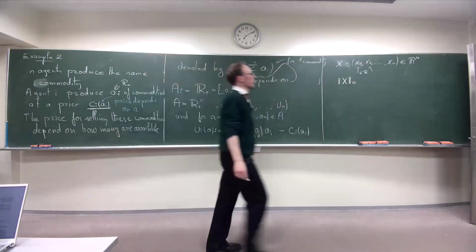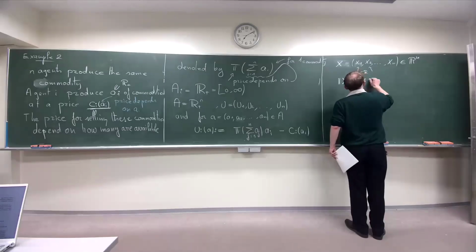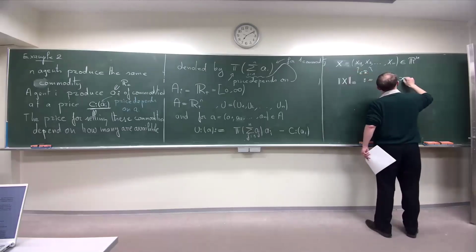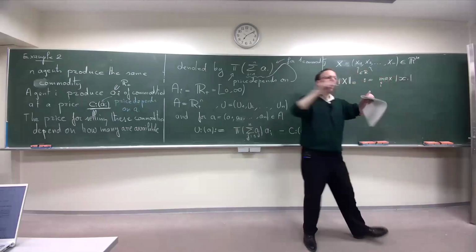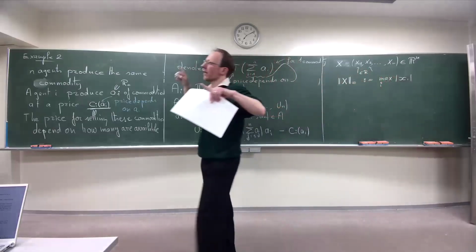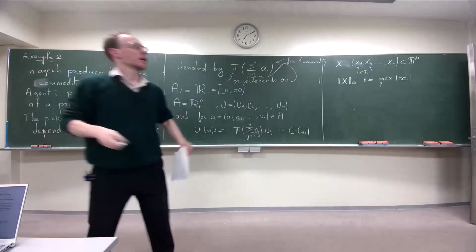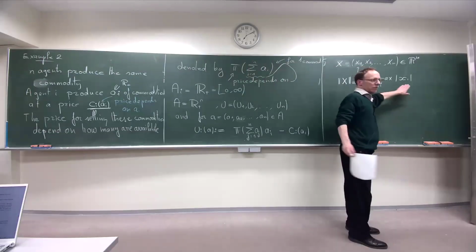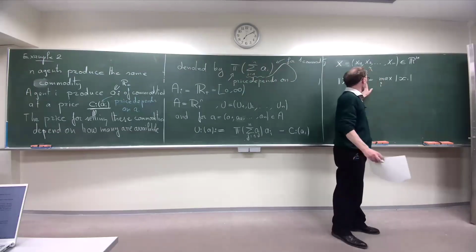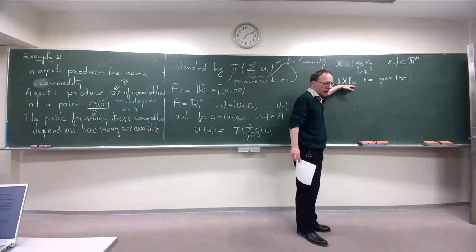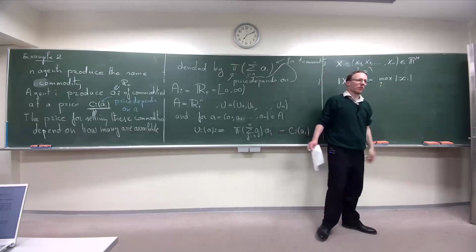So I need to give you a definition. I take the maximum over i of |x_i|. So what does it mean? You have n numbers. They can be positive or negative. So you take the absolute value and you take the maximal one. Okay, this is just a definition. I define this infinity norm as just the maximal one.